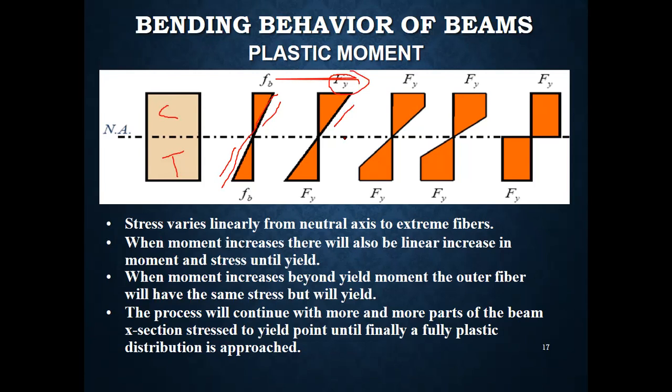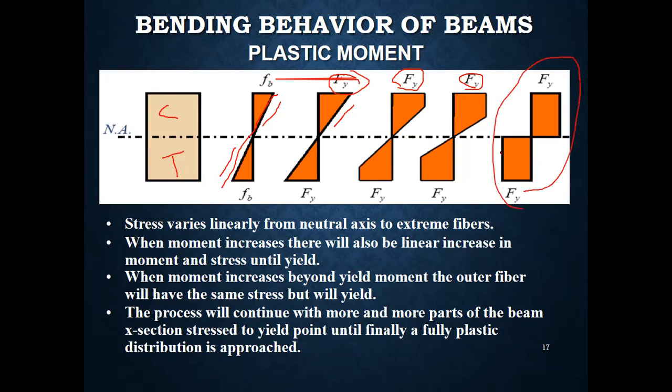When the moment goes beyond the yield stress of the material on the outermost fiber, the material starts to yield, and this process continues with more and more parts of the cross section yielding one by one until a full plastic distribution is reached in the beam.